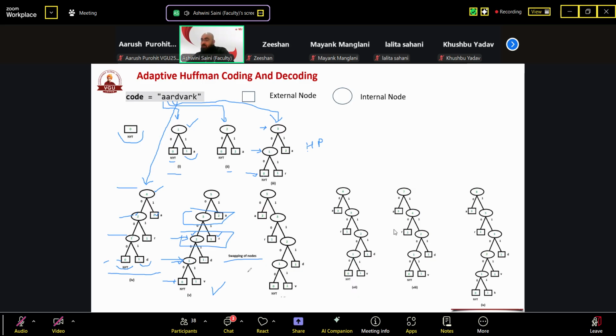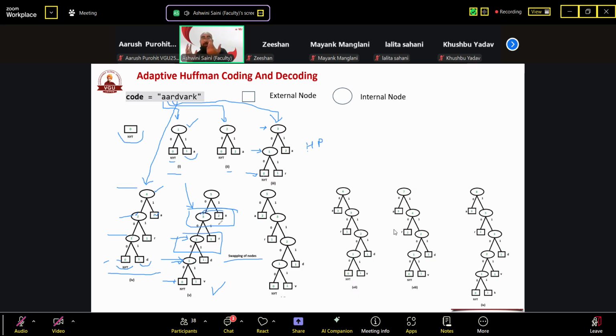Another student is requesting to repeat one more time. So from the upper side, we are finding the problem here first. Then thereafter at this level, we are shifting the lower to the left and upper to the right. So we are swapping the legs.